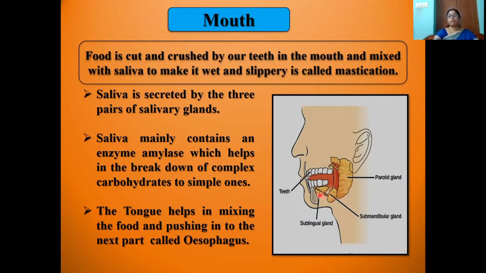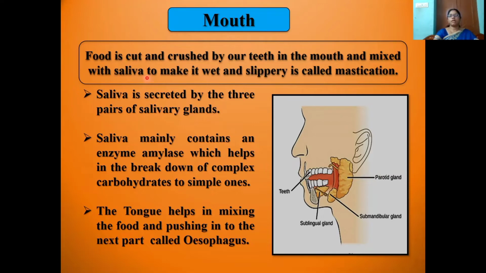Saliva is secreted by salivary glands. This is the lower jaw. The lower jaw also helps in the whole process of digestion. This is the upper jaw. This is the tongue. The tongue helps in mixing the food. This part is also called the buccal cavity.